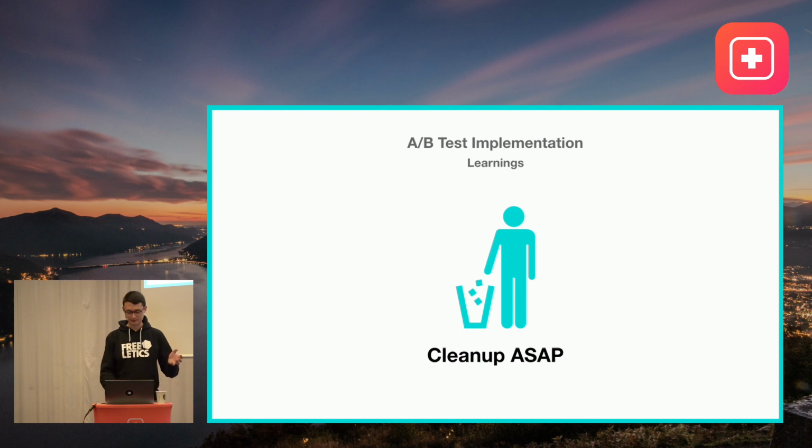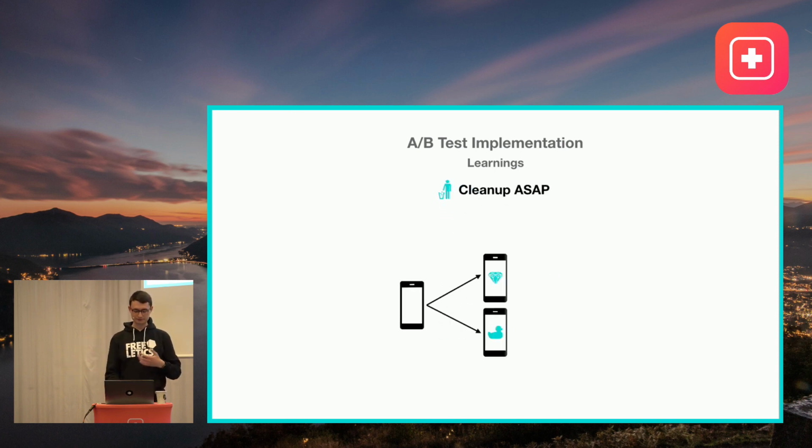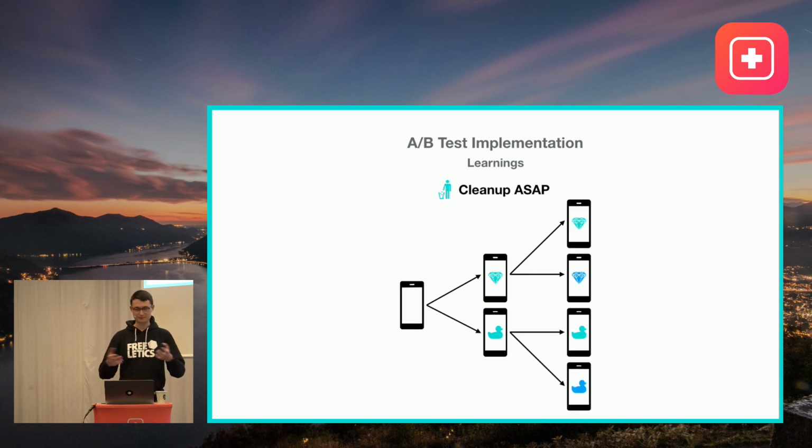So the general advice is to clean up the code from redundant functionality after the A/B test is done, because your A/B testable feature will not be the last one, and somebody will come and have to build their own A/B test on top of yours, and we'll end up with the picture where he or she has to build 4 versions instead of 2.